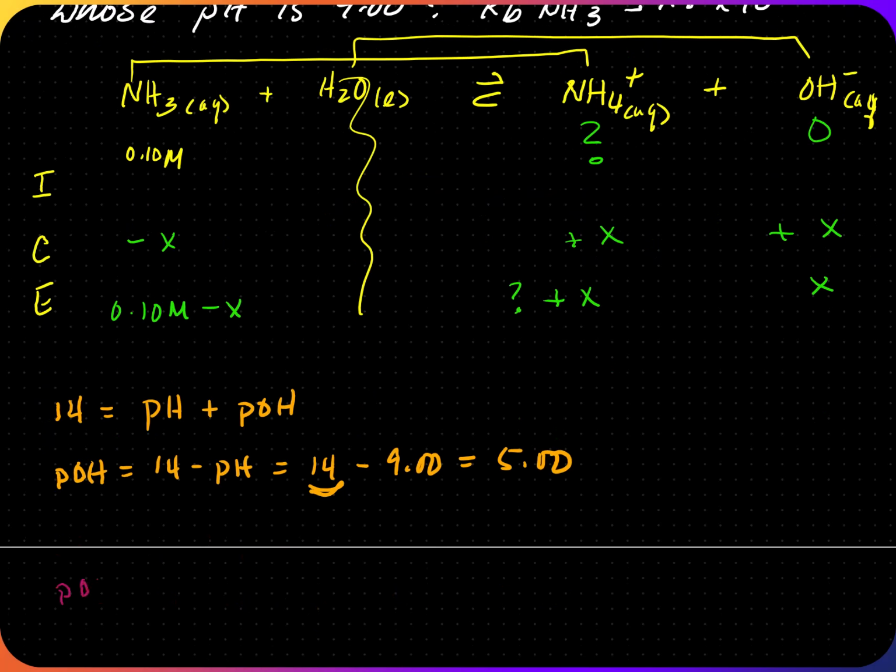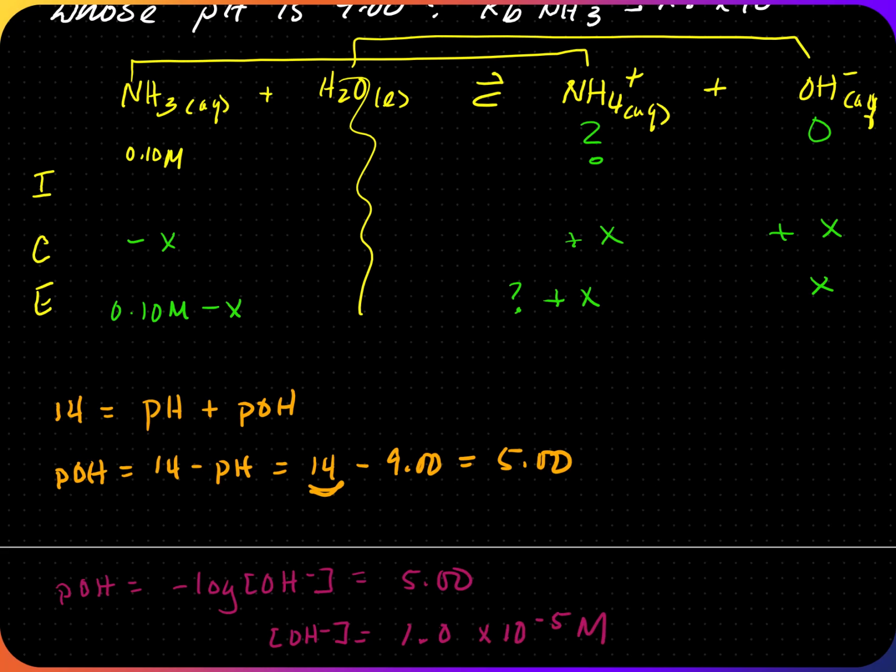So pOH is equal to negative log of OH minus ions. This is equal to 5.00. So the concentration of OH minus is going to be 1.0 times 10 to the negative fifth molar.